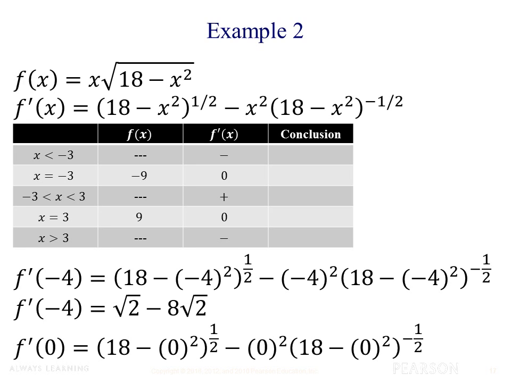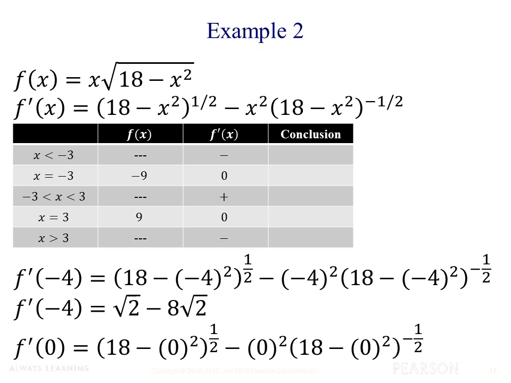For our second interval between -3 and 3, I have selected x equals 0 and have shown that to be a positive number. It is positive because the second term goes away. 0 squared is 0, and 0 times that second term is 0 no matter what, leaving the first term as 18 minus 0 squared, which is 18, and the square root of 18 is some positive number.